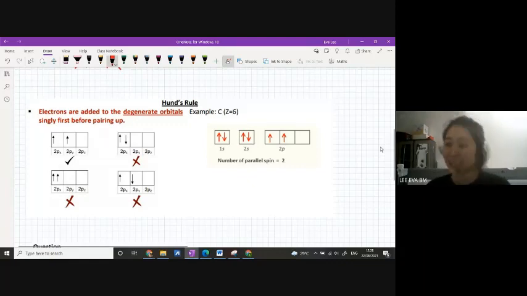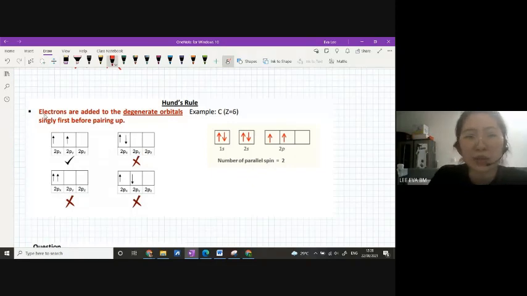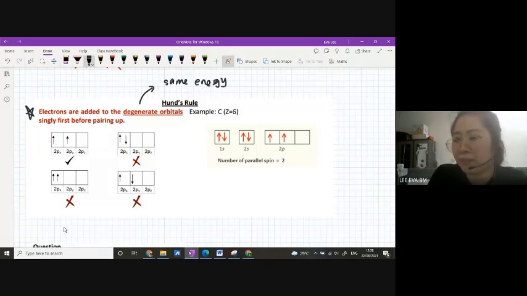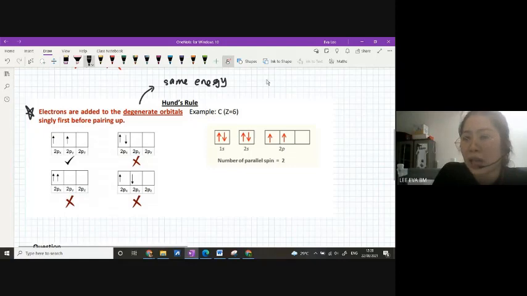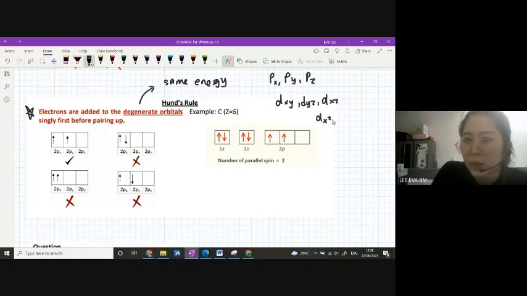Now we look at the third rule, which is Hund's rule. In Hund's rule, it says that electrons are added to the degenerate orbitals. Degenerate here means the same energy level. That means px, py, pz all have the same energy, or you have dxy, dyz, dxz, dx square minus y square, and dz square.